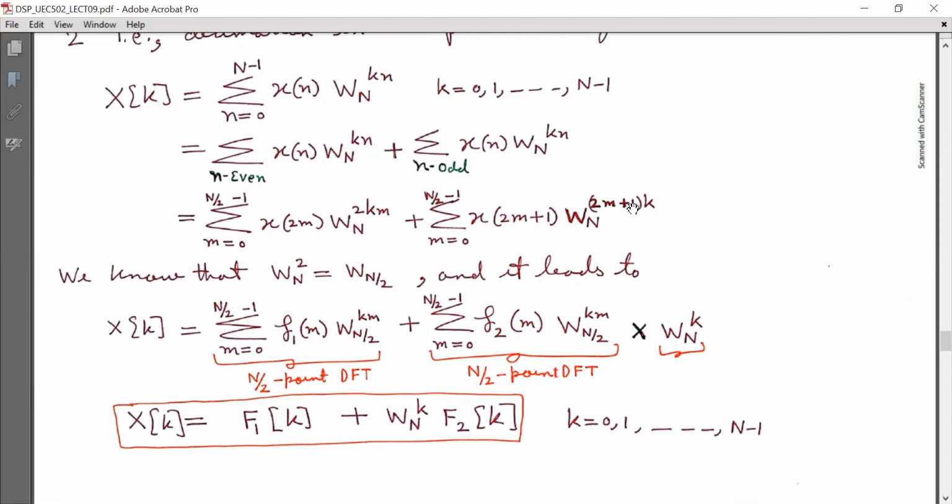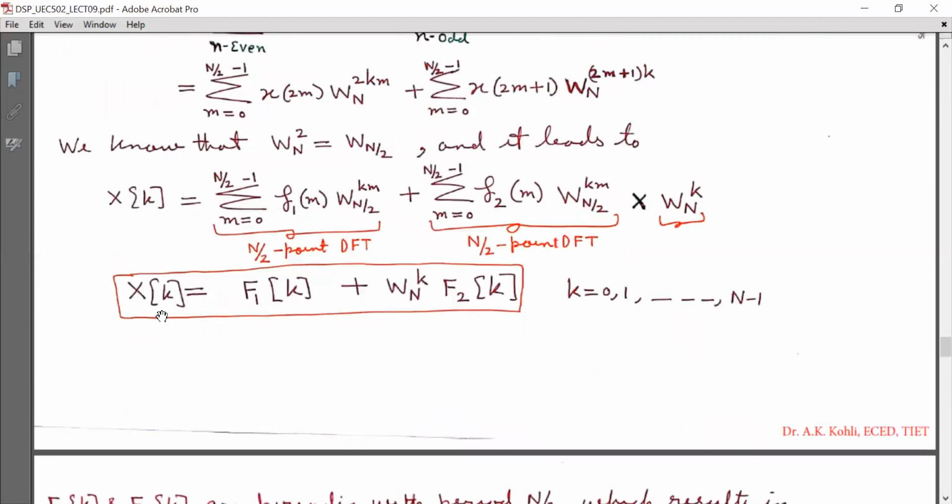From this W_N, this 1 into k will give k. So this is F1(k), this is N/2 point DFT F2(k) multiplied by W_N^k.